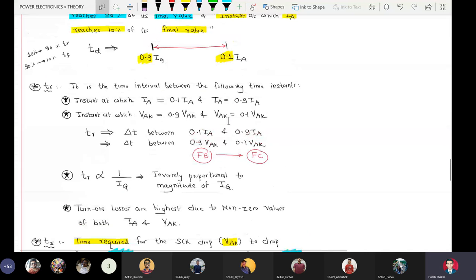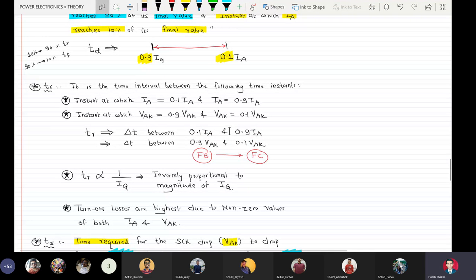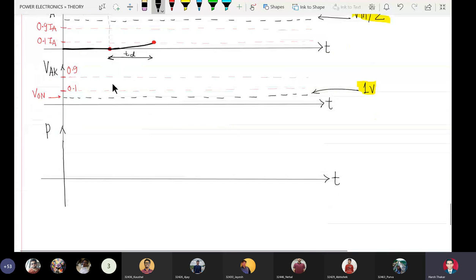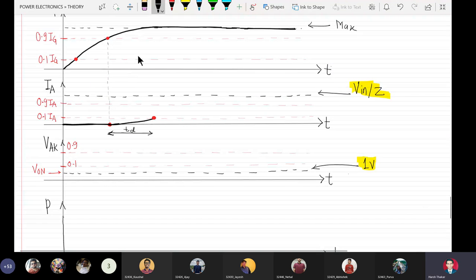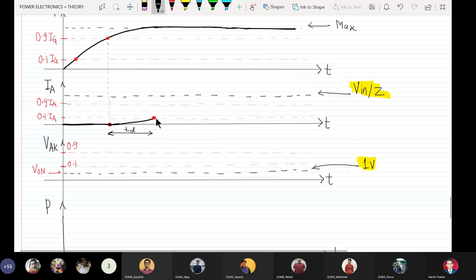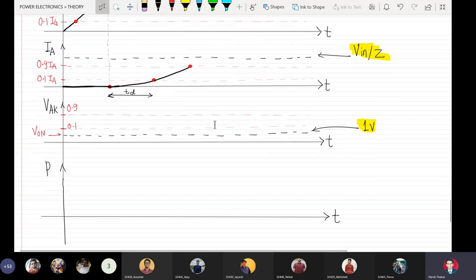Now the rise time. So the time interval between 10% of IA and 90% of IA. Here. So this is 90% of the anode current.